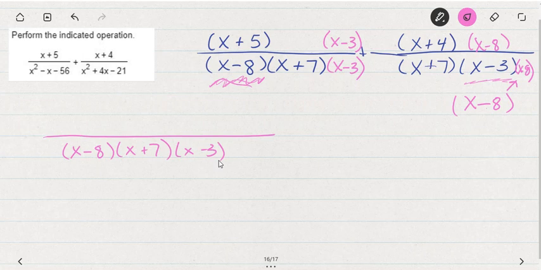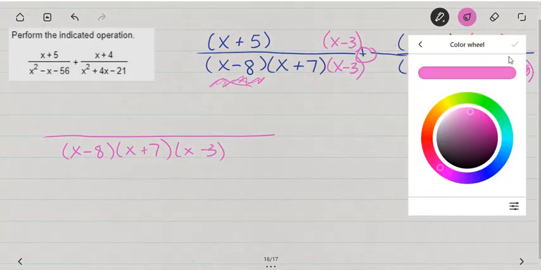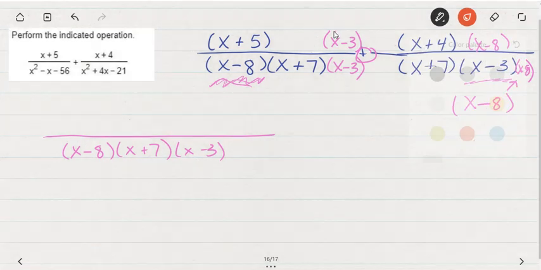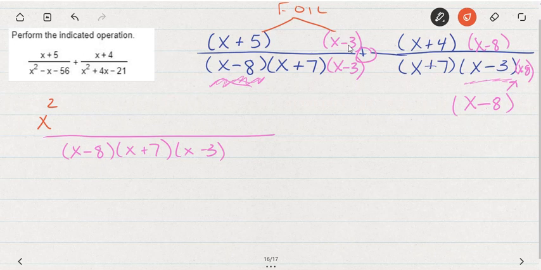For the numerator, what we're going to do to add is multiply each of the sets of factors. So we're going to use FOIL to multiply those together. x plus 5 times x minus 3 is going to be x squared plus 5x minus 3x, which is plus 2x.